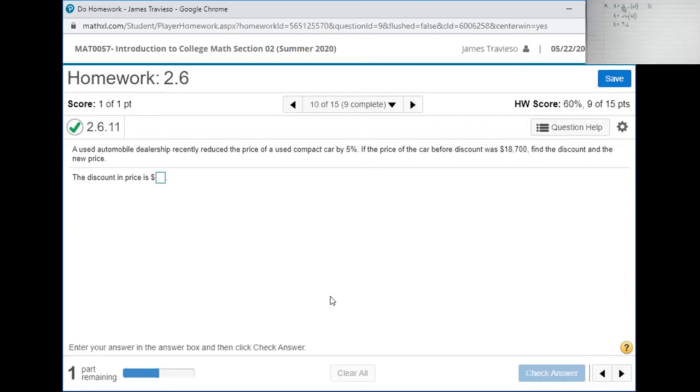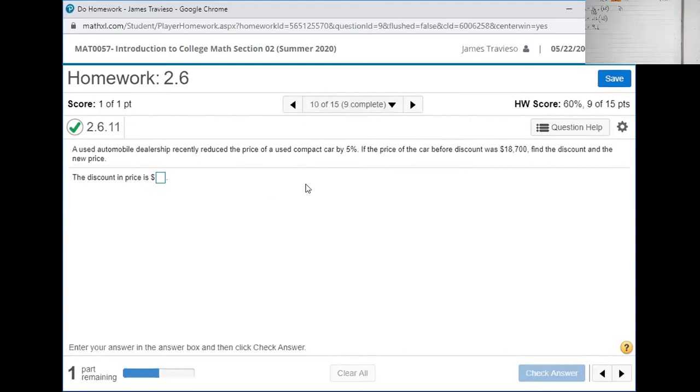Again, if you just go ahead and solve this problem right away, as far as finding the new price, you're probably going to get these wrong, because you have to remember what the first thing it's asking you is: the discount price. So we have to find the savings on this car. We have to take this information and get it into one of these "what is" kind of problems.